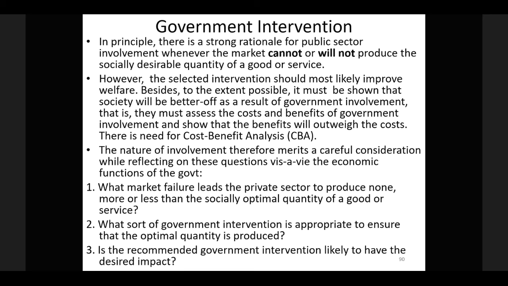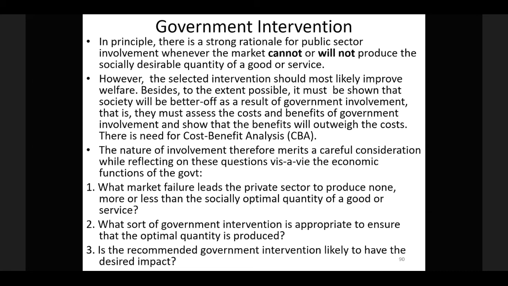As we have always been saying, we make a strong case for government intervention in several respects in the market, strongly where the market fails and government intervention will be very necessary. The market cannot or will not always produce the socially desirable quantity of a good, so government intervention will be necessary to improve welfare.